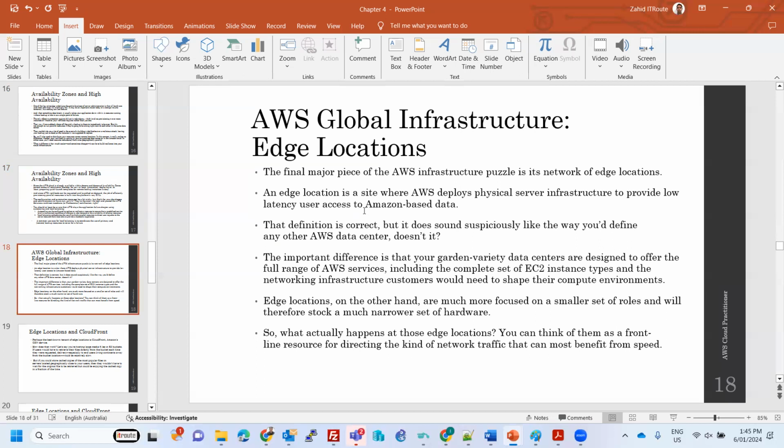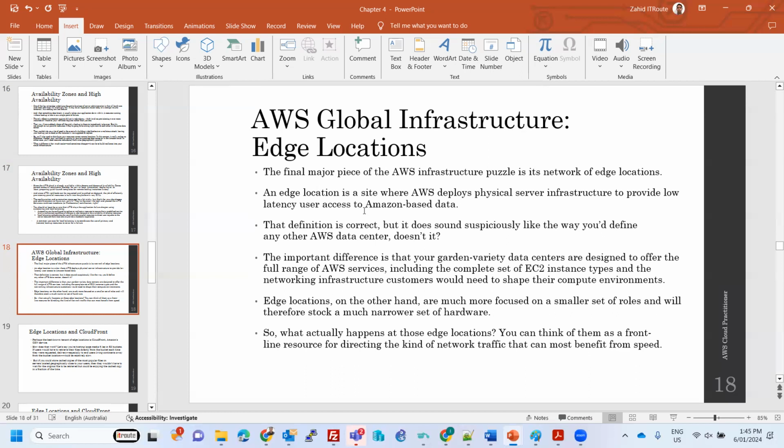Now, AWS global infrastructure: edge locations. The final major piece of the AWS infrastructure puzzle is its network of edge locations. An edge location is a site where AWS deploys physical server infrastructure to provide low latency user access to Amazon-based data.